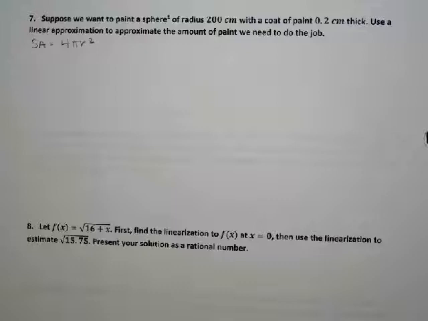And then it says, use a linear approximation to approximate the amount of paint that you need to do the job. So did we pick up on the idea that linear approximation is a tangent line, but it's a tangent line where you can only use values that are really, really close to the point of tangency? So you can't use other values. If the point of tangency is at 5, you can't use the value 100.